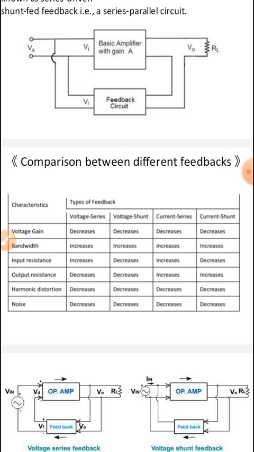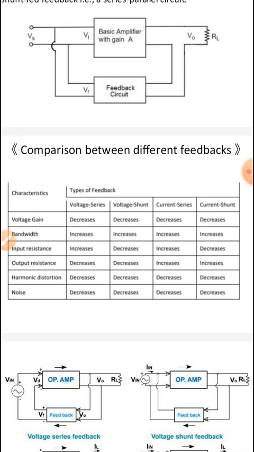First of all, we use feedback to reduce harmonic distortion and noise. In the table given below, in all the amplifier circuits harmonic distortion and noise decrease: in voltage series, voltage shunt, current series and current shunt.